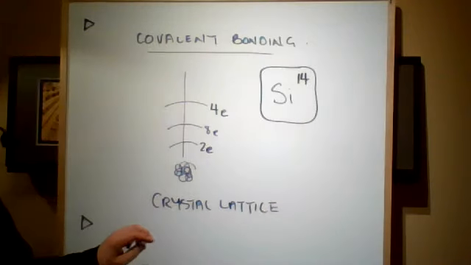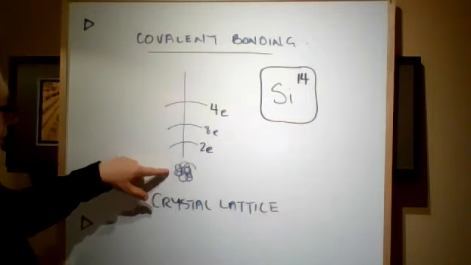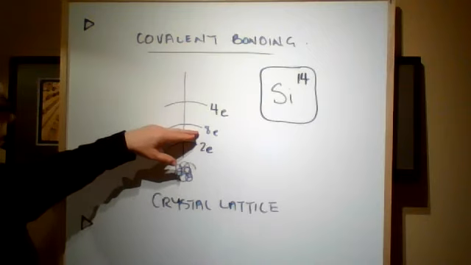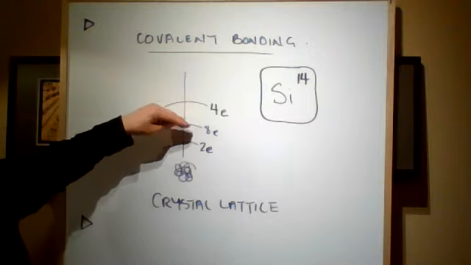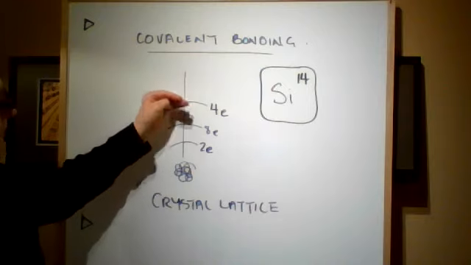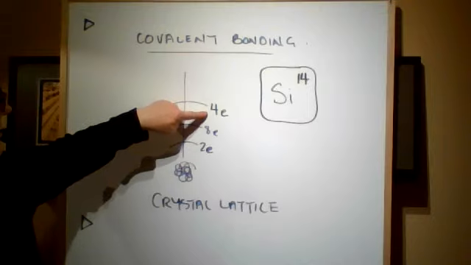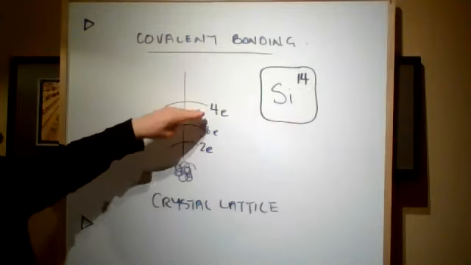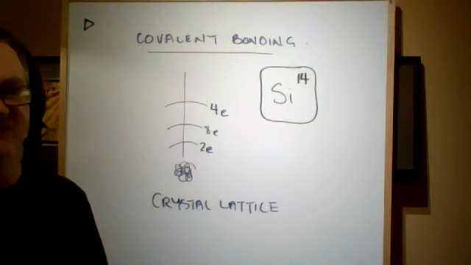Now, if we take a look at just the pure silicon, let's start with the nucleus here. We start our first ring, 2 electrons. Second ring, 8 electrons. That gives us a total of 10. Now, the next ring would also be 8, and in order to be completely full, we would need 8. In order to be a great conductor, we would want just 1 there. But in fact, because the atomic number is 14, what we have in there is just 4 electrons. So it's really, what we would say is just half full.